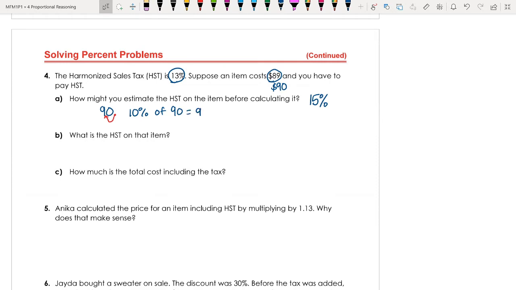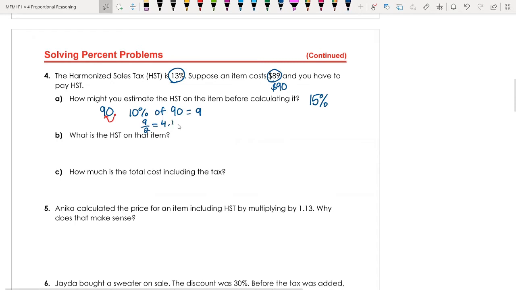Okay, and now so that's 10%, but we want 15%. So what we need is another 5%. Now 5% is always going to be half of 10%, and we found 10% was 9. So half of that 9 is going to be, 9 divided by 2, and we get $4.50.